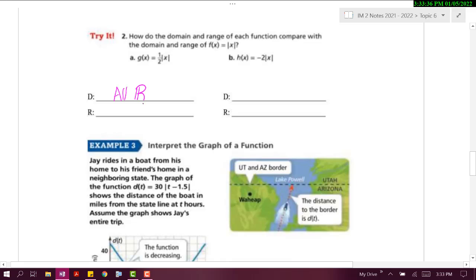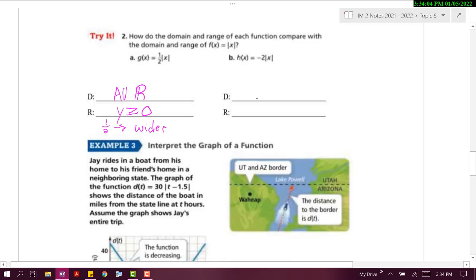Then the range, because it goes up, it's a regular absolute value. Y is greater than or equal to 0. So they're the same, but that 1/2 makes it wider.